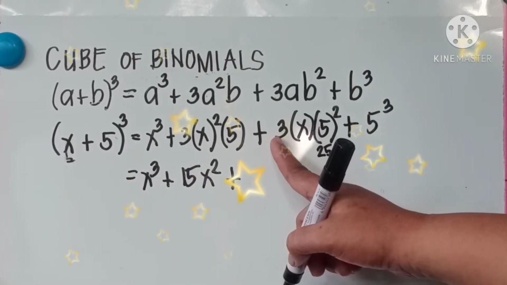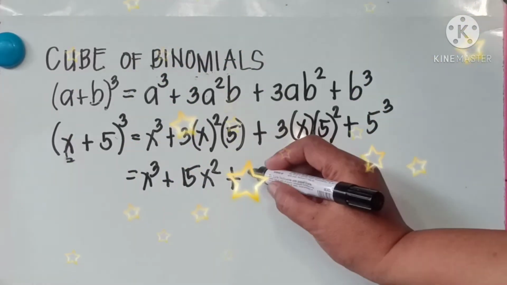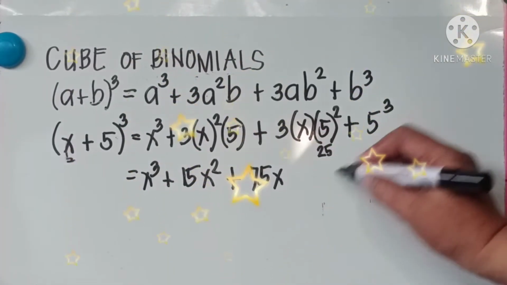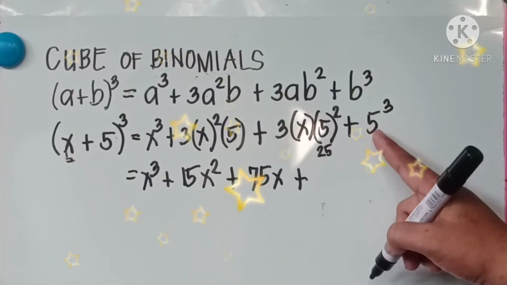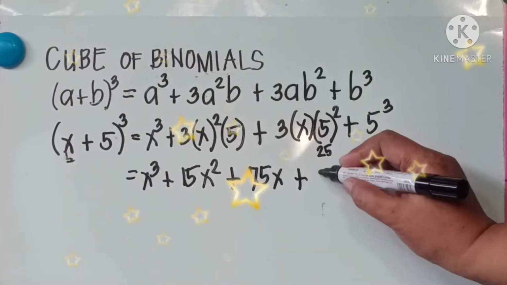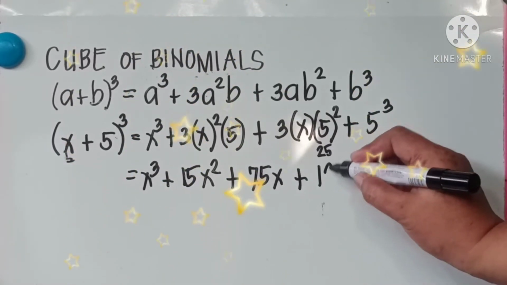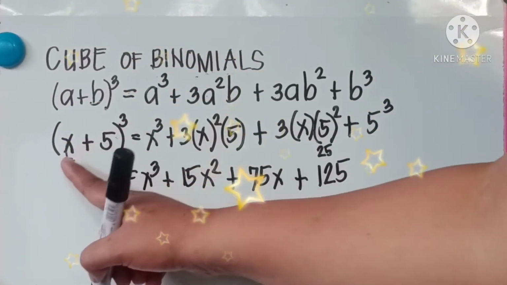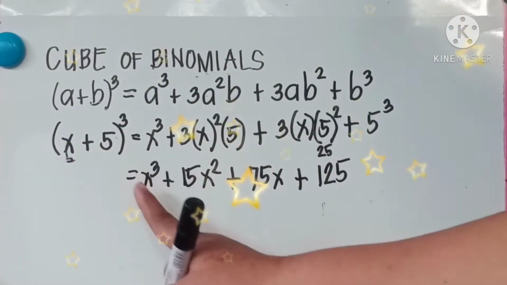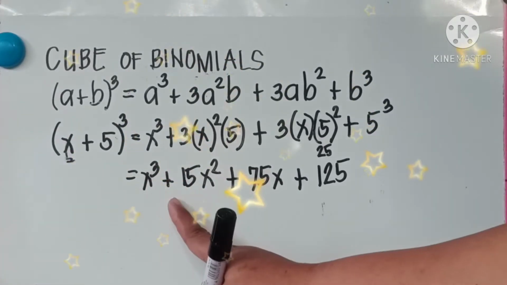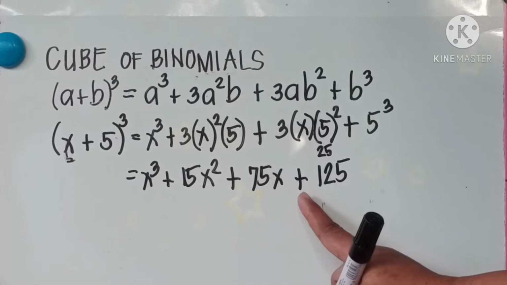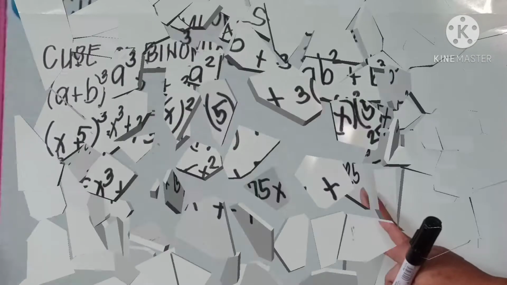So it's 75 times x, so 75x. Then plus the cube of 5 is 125. So the cube of x plus 5 now is x cubed plus 15x squared plus 75x plus 125.